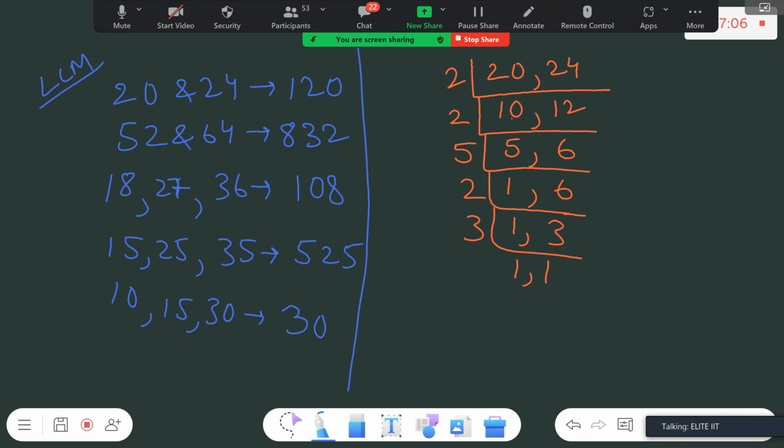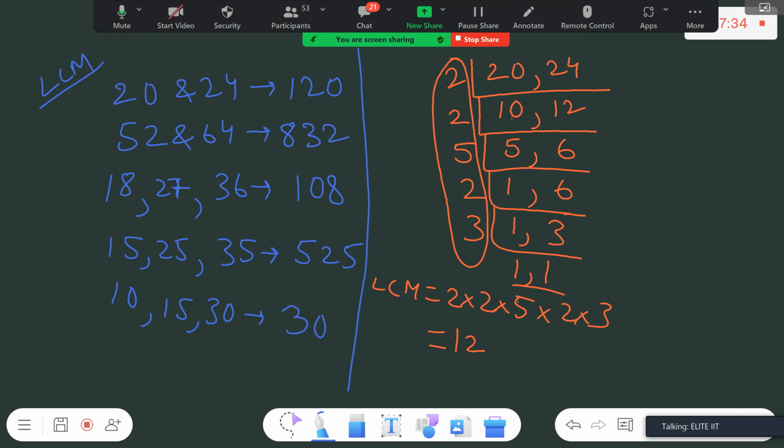This is LCM, isn't it? So what will be the LCM now? Multiplication of all these. Here it is 1, 1, multiplication of all this: 2 into 2 into 5 into 2 into 3.